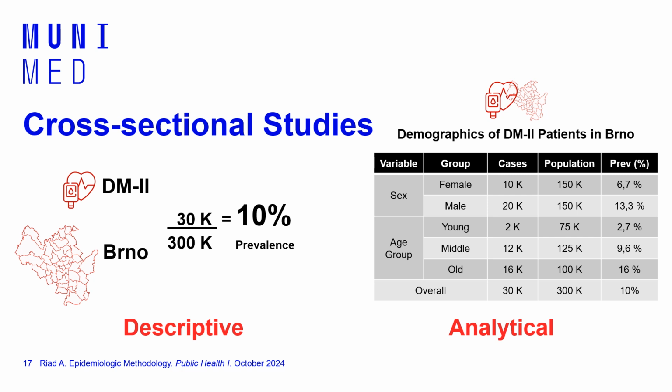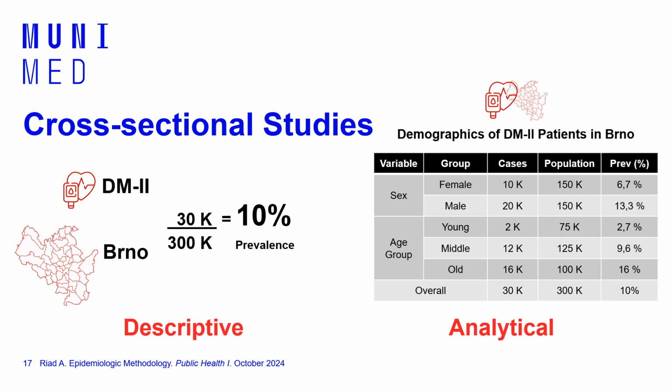So if you would like to measure the prevalence in female and in male cohorts, you will find out that in males this is 2 times higher. This is 13.3% compared to 6.7% of females. So in this case, you can fairly say that males are at greater risk of getting diabetes mellitus type 2 than females. And by the way, this is true, but it's not that huge. It's not 2 times more than females, but males are usually at higher risk of diabetes type 2.